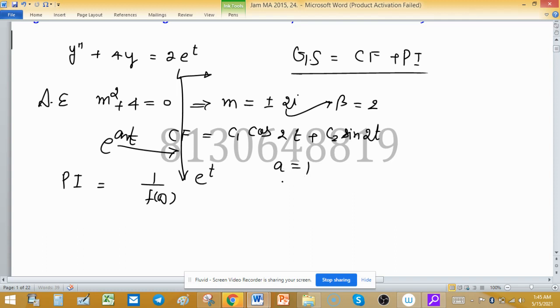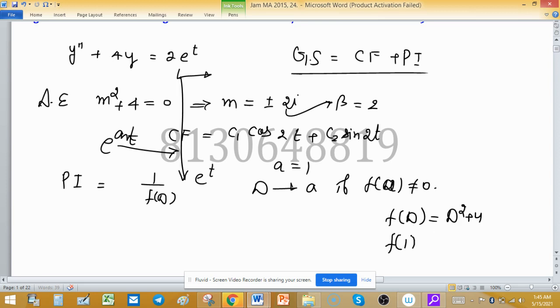So replace D by a, if f(a) is not equal to 0. What is f(D)? f(D) is D square plus 4, and replacing D by a, f(a) will be 1 square plus 4, which is 5, not equal to 0.